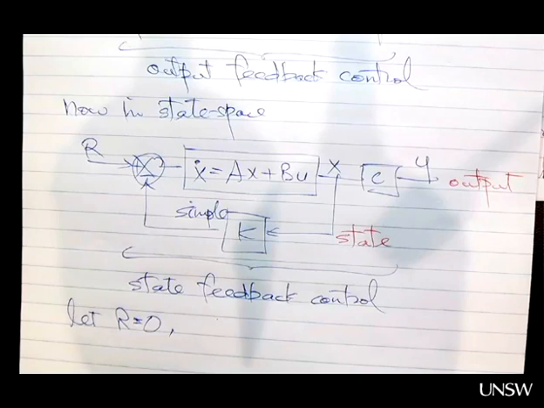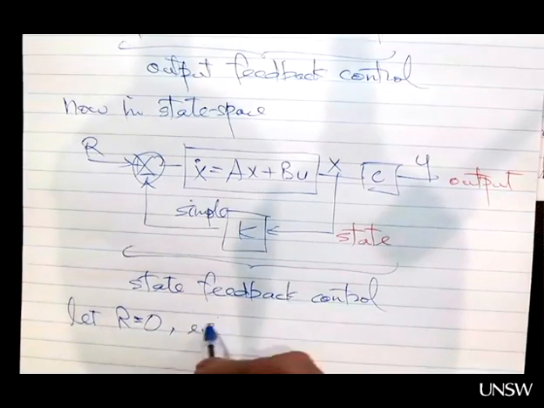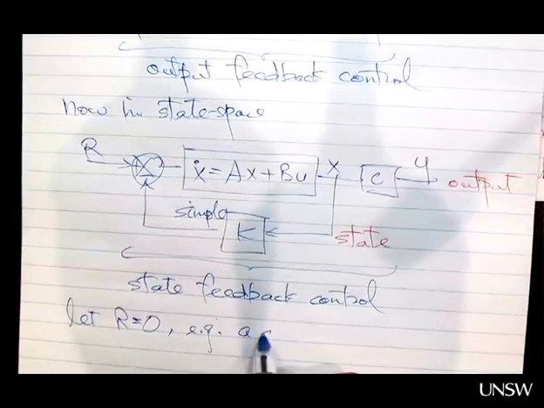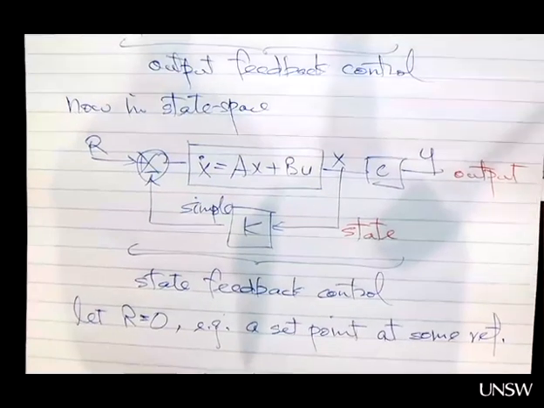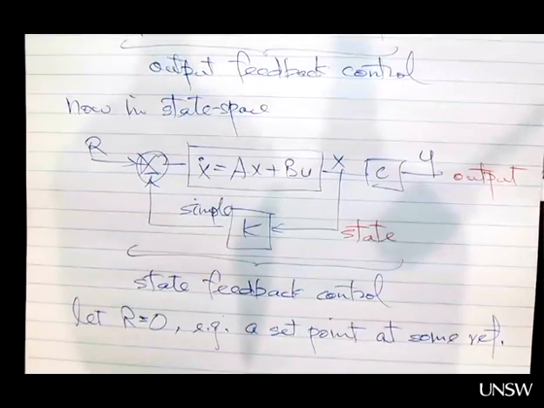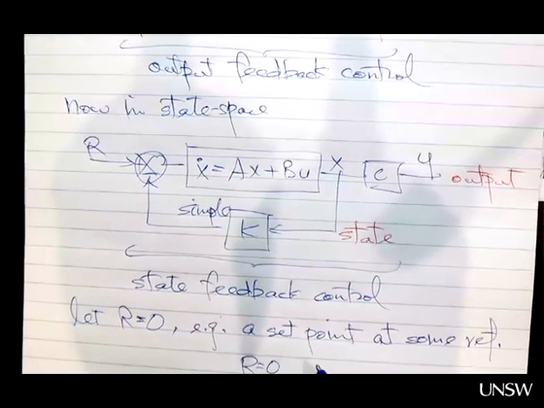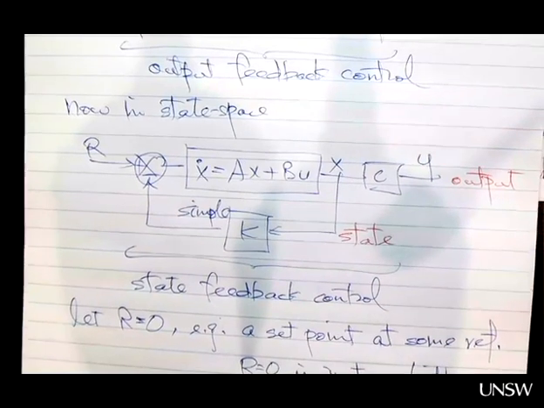It is that, for example, a set point at some reference, so R equals 0 is just a shift of, for example, R equals 10, right?